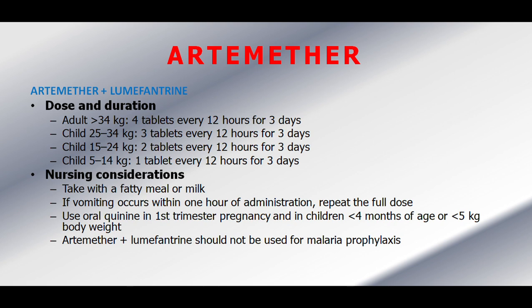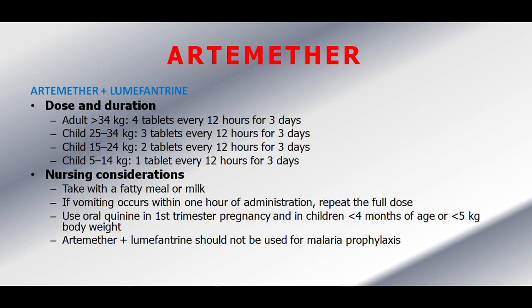In an adult who is weighing more than 34 kilograms, you give 4 tablets every 12 hours for 3 days. Then for a child between 24 to 34 kgs, you give 3 tablets BD for 3 days. For a child between 15 to 24 kgs, you give 2 tablets BD for 3 days.